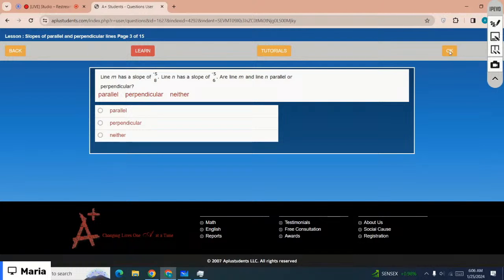Line M has a slope of negative 5 over 8, and line N has a slope of negative 5 over 6. Are line M and line N parallel or perpendicular?